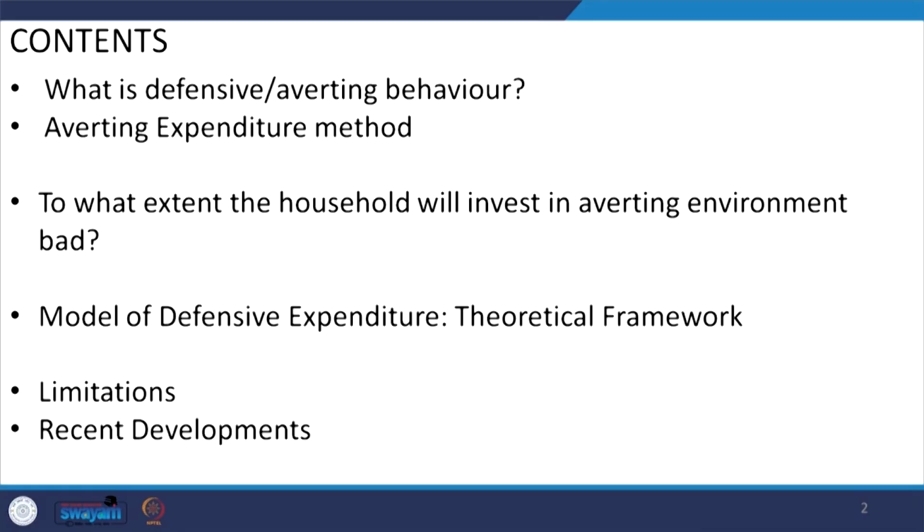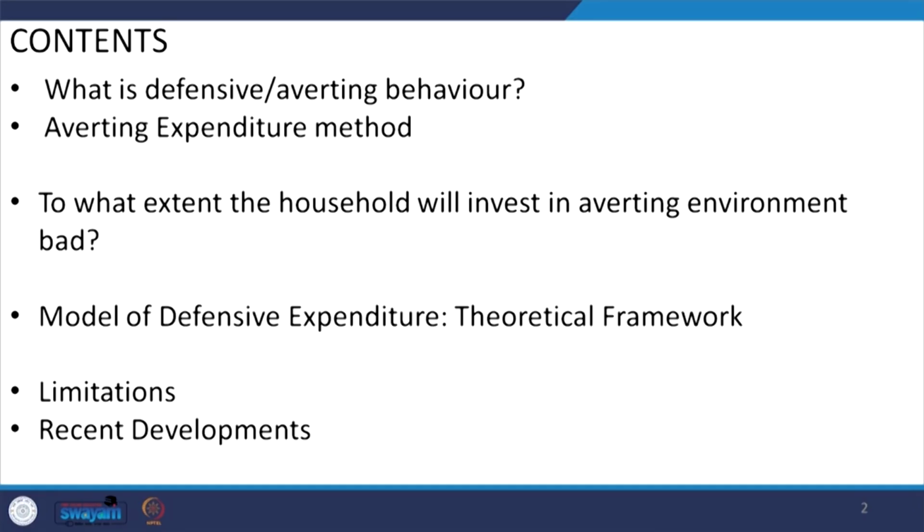Once we define what defensive behavior is, then we will be able to understand the defensive or averting expenditure method, because once you show this behavior, it is related to the expenditure itself. We will make these two things clear, and then we will discuss to what extent households will be interested in investing for averting the environmental bad.